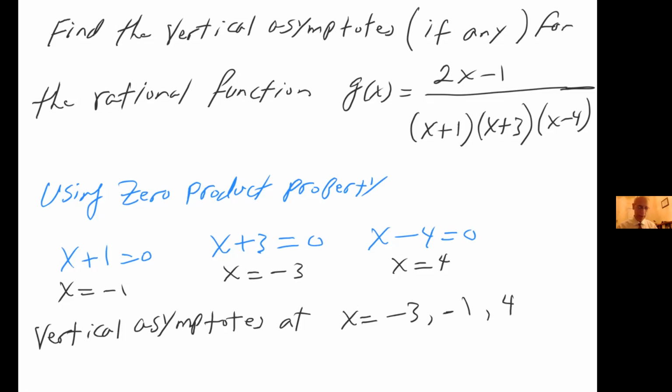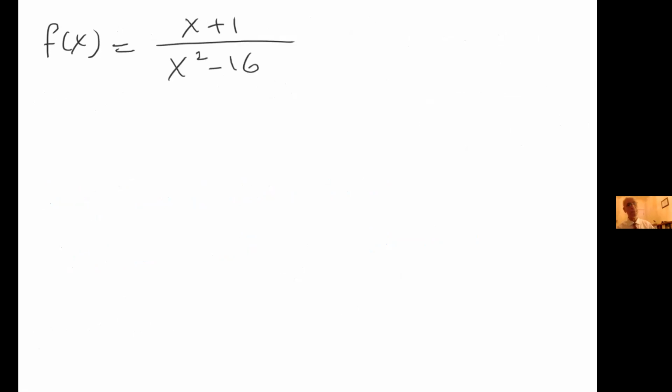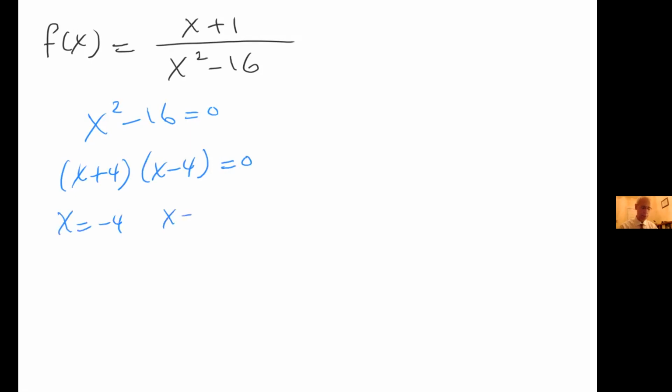All right, how about if I had f of x equals x plus 1 over x squared minus 16. Please notice that when I set the denominator x squared minus 16 equal to 0, I have two things I can do. I can say this is x plus 4, x minus 4 equals 0, and then x equals -4 and x equals +4.